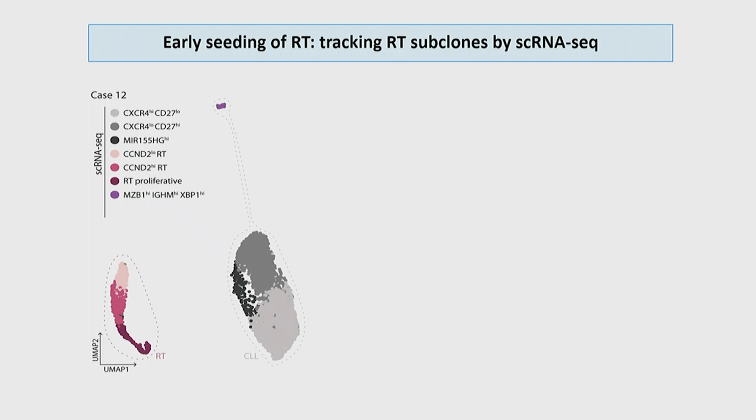Then we did a single-cell transcriptome analysis, and this is the CLL samples of case 12. And we detected different clones that I will not go into details, but I think they represent the recirculation between the blood and the lymph node. And then the transcriptome of the Richter cells was clearly different.